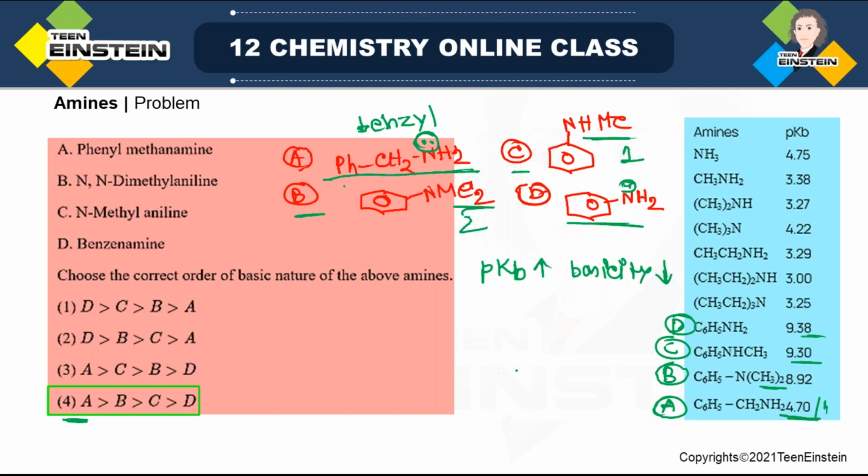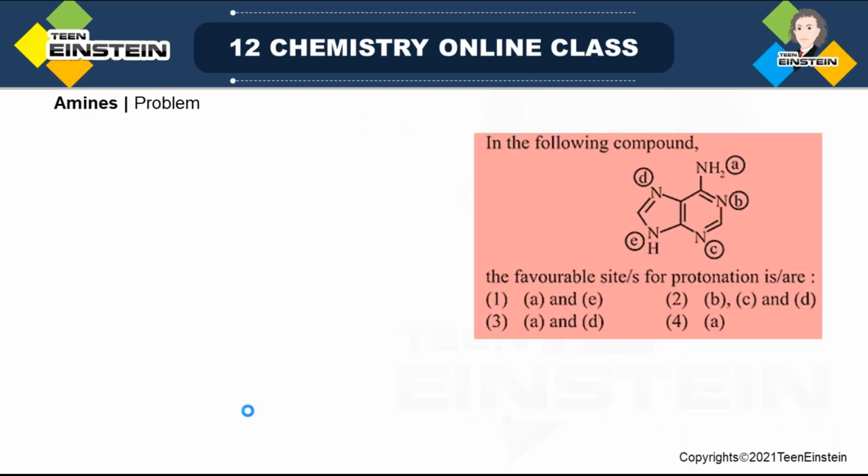So that is the reason among these three, B, C, D, maximum basic will be B, then C, because there is still one alkyl group, but in D there is no alkyl group, so no question of plus I effect, and that is why the order is A, B, C, D. So option 4 will be the correct option. Next problem.